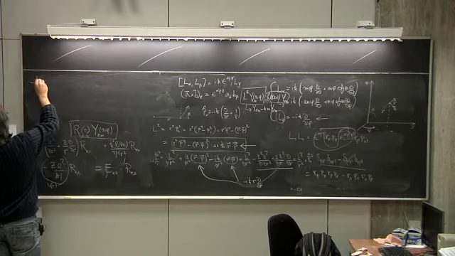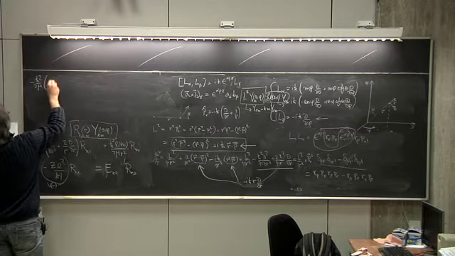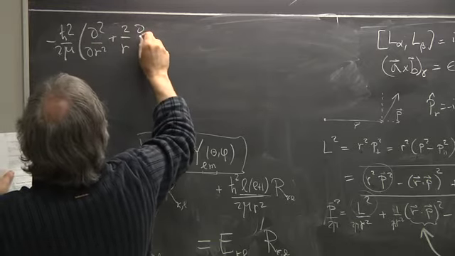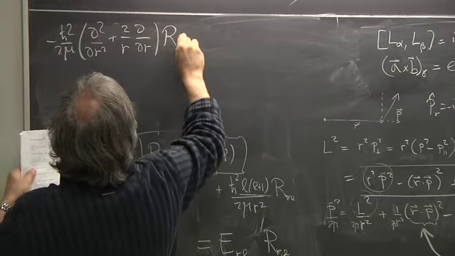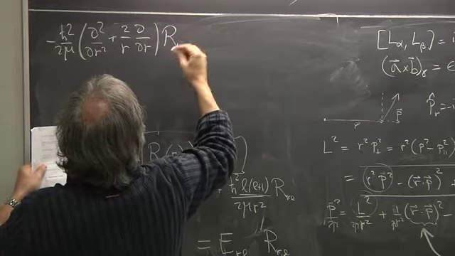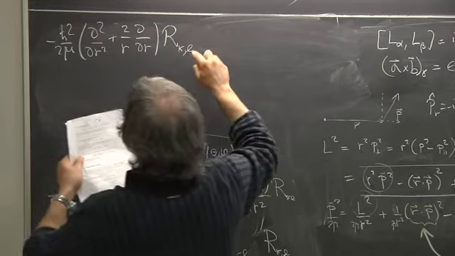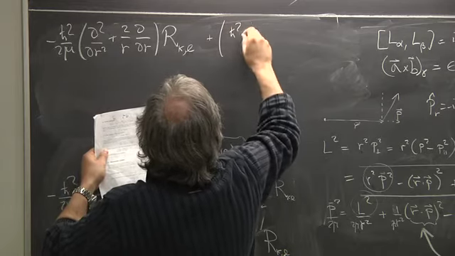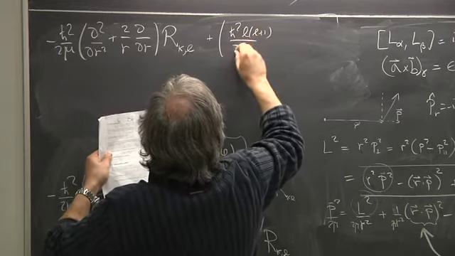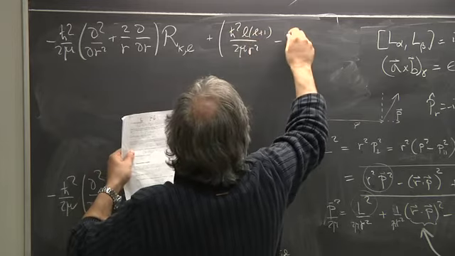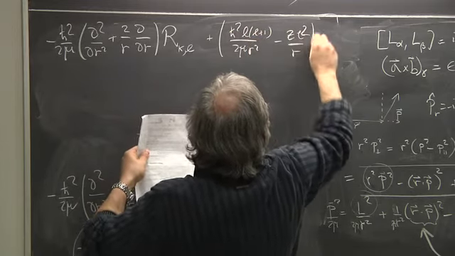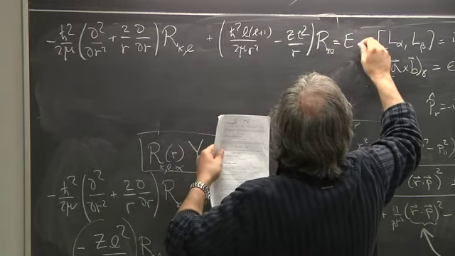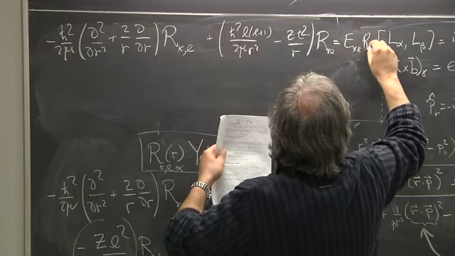So it's minus h bar squared over twice the mass, second derivative with respect to r, plus 2 over r, derivative with respect to r, which in general will depend on some further label k from L, plus h bar squared L times L plus 1 divided by twice the mass r squared, minus z e squared over r, times r, equal to E times r.